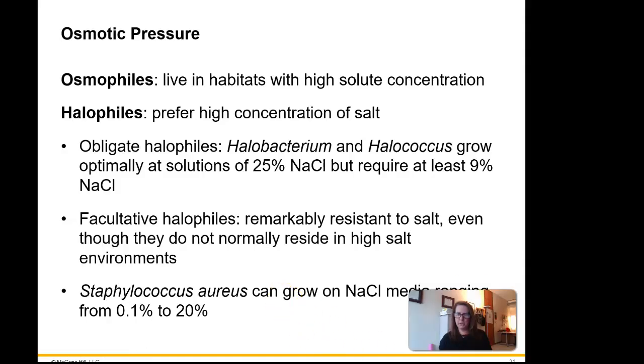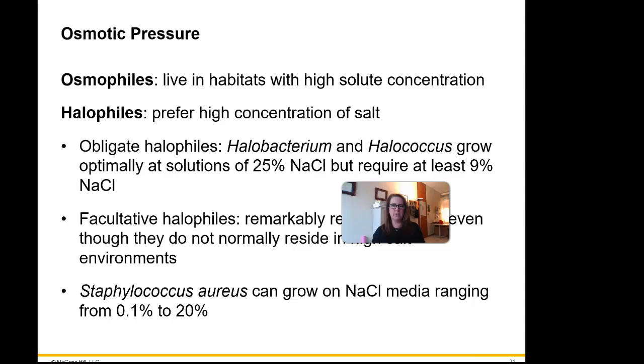For those of you in the on-campus lab, you've known already that we have a particular type of agar. This agar is called mannitol salt agar. We're going to play with it a little bit more in the future. But mannitol salt agar favors skin bacteria because of that higher salt concentration. So it is a selective media.